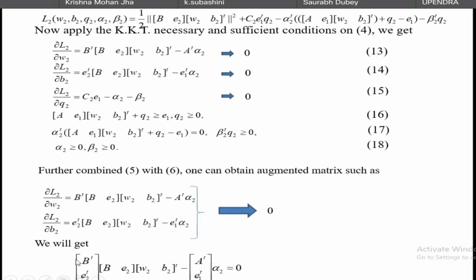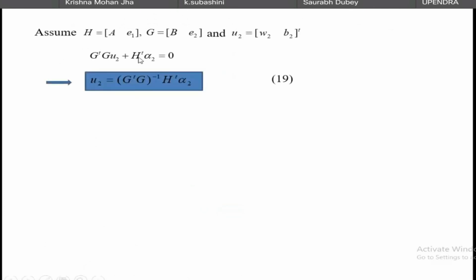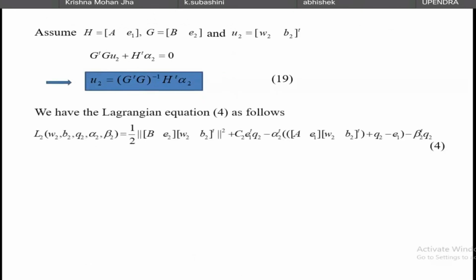This is your G transpose, this is your G, this is your U2, this is your H transpose, and this is your alpha 2. We are just writing in a simple form. From here you can calculate U2: U2 is equal to minus G transpose G inverse H transpose alpha 2.